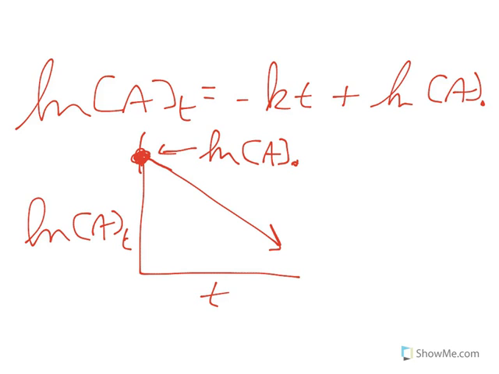The rise over run, or the slope of this line, is equal to minus k. All right. Of course, the slope is negative. K cannot be negative, so you need to account for that with that negative sign out in front of k. All right? So this is very powerful because now what we can do is we can make a linear relationship of concentration of A at time t, specifically the ln of the concentration of A at time t versus t.